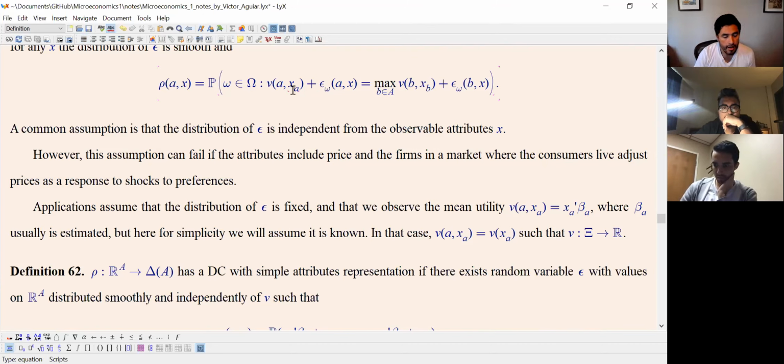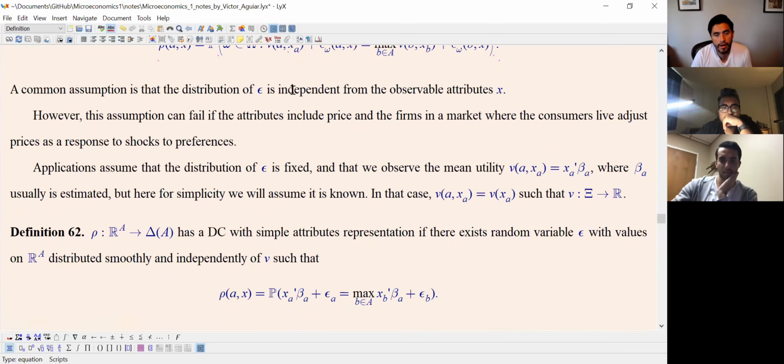Separability. Now, I'm going to tell you an even simpler model, which is what econometricians use, called the simple attributes model. This basically tells you that you observe the actual utility, so you know the utility, up to a parameter. Without loss of generality, imagine you estimate this parameter, so you know the utility. It is equal to the multiplication of this vector of attributes times a beta vector.